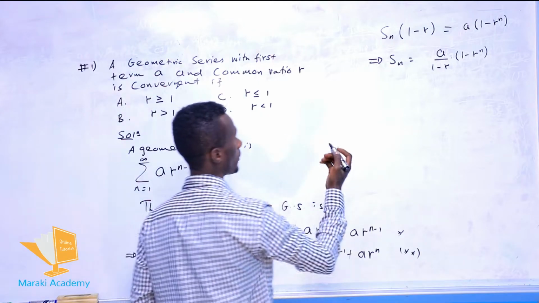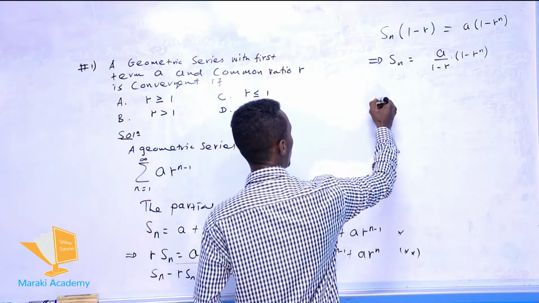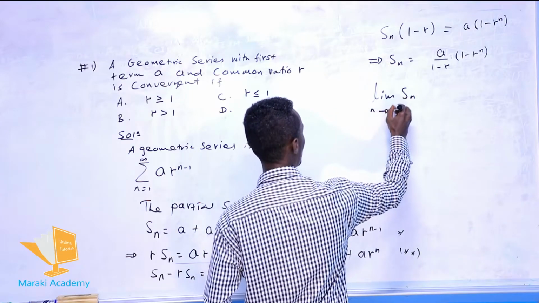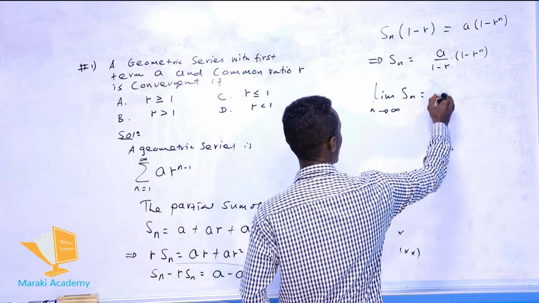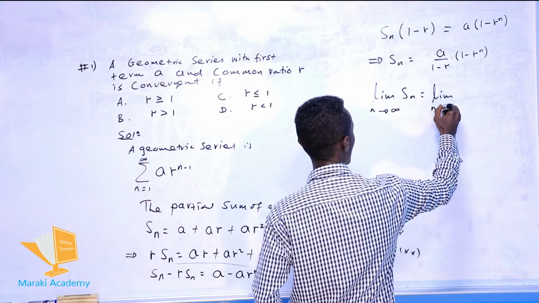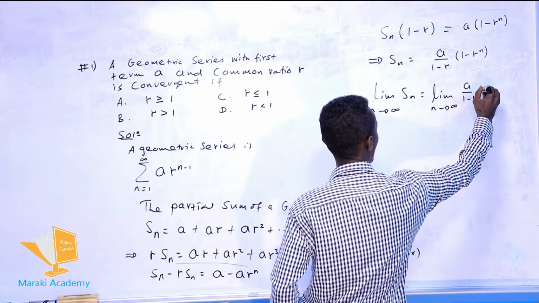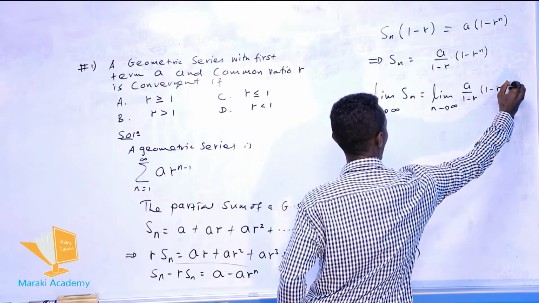So we need to determine the limit value. What is the limit of Sn as n approaches infinity, which is the same as the limit as n approaches infinity of a over 1 minus r times 1 minus r raised to n.